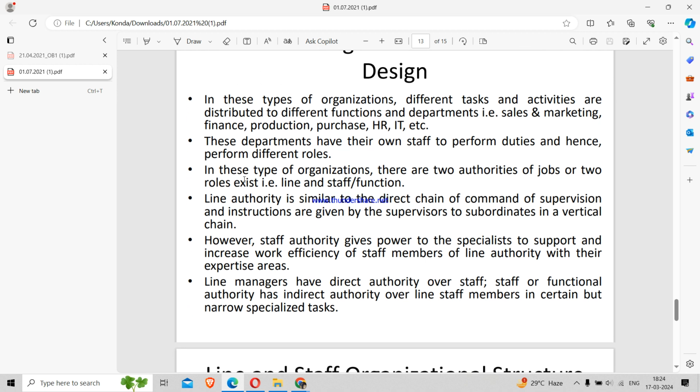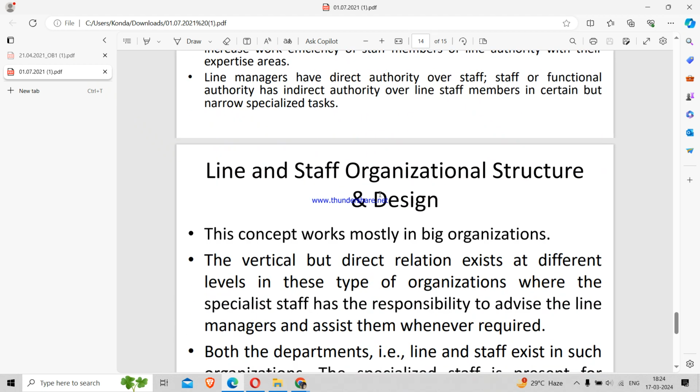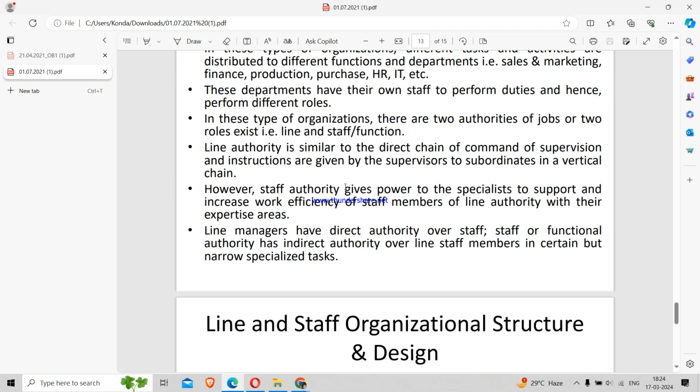The third point you can see, in this type of organization there are two authorities or two roles that exist, that is line and staff function. Basically the function of each of the particular employees is taken into account in this aspect. Next is line authority. So what is line authority? It is similar to direct chain of command or supervision, and instructions are given by the supervisors to subordinates in a vertical chain.